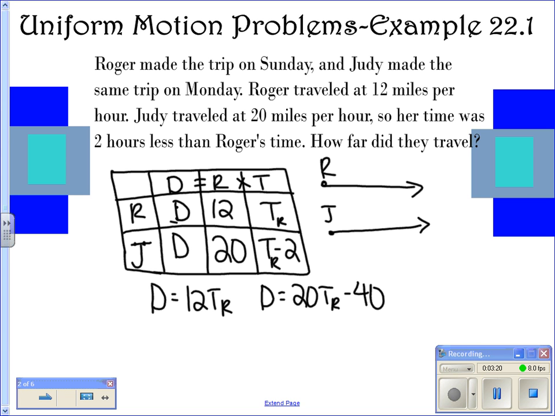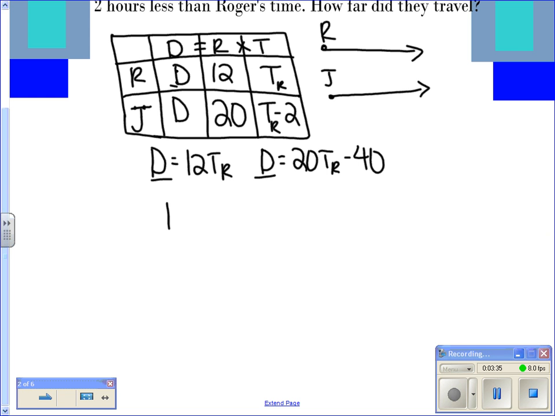Minus 40. If you went ahead and distributed it, 20 times TR, 20 times negative 2. Does that make sense? Now what? D and D, they're equal, right? So 12 TR equals what? Does that make sense?